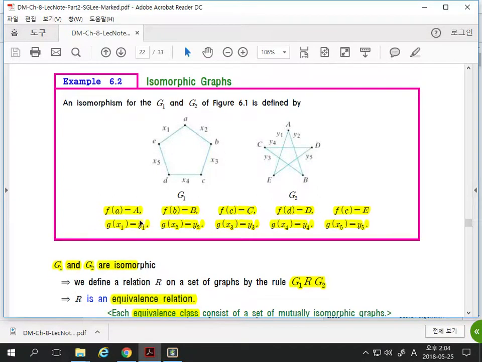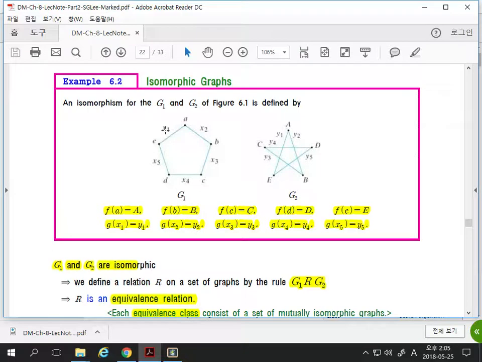the incidence vertices of each edge exactly match the original one, like this. For example, 여기서 A2가 연결돼 있죠. 그럼 여기서는 A하고 E가 Y1으로 연결돼 있지. 그러면 여기서는 A하고 E가 여기 X1으로 연결돼 있죠.